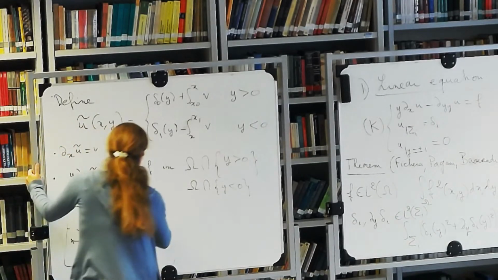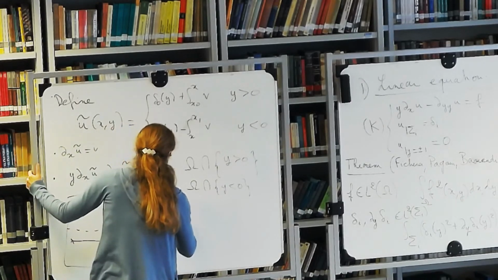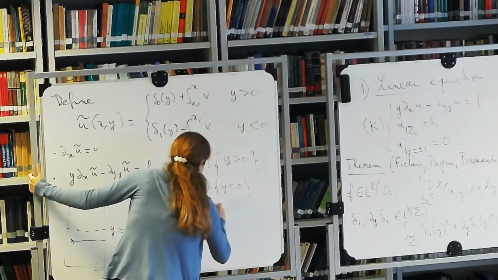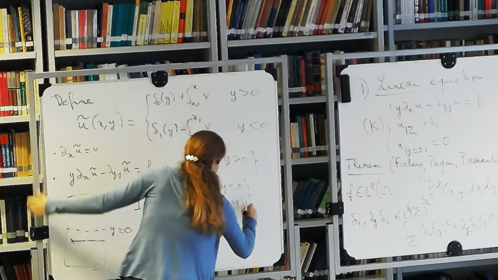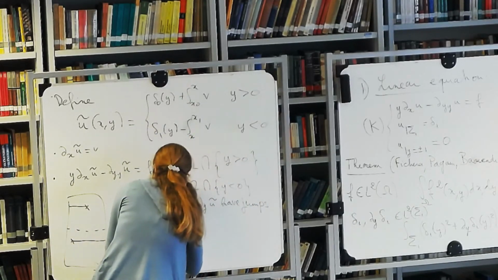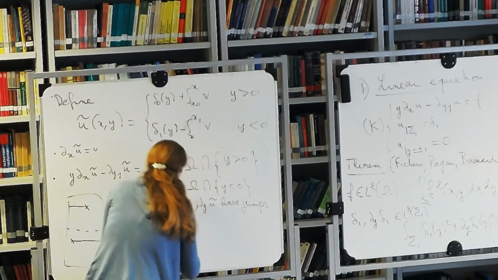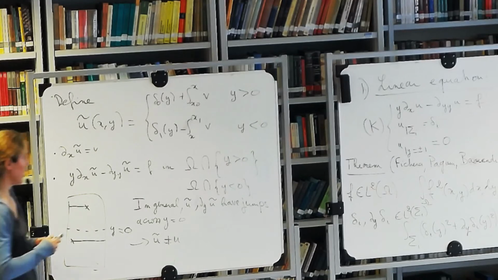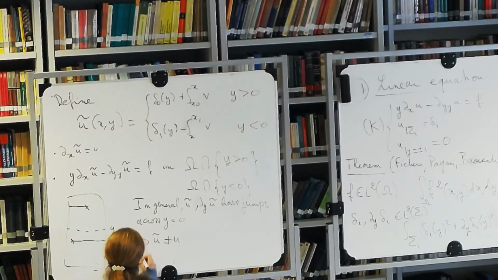So in general, ũ and ∂yũ have jumps across y equals 0, and so ũ is different from u. The only way to prevent them from having jumps is to assume that your data satisfies some orthogonality conditions. The orthogonality conditions are exactly here to prevent the jumps.